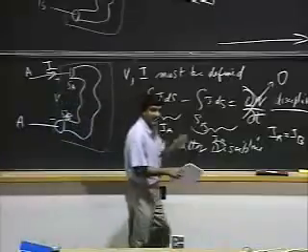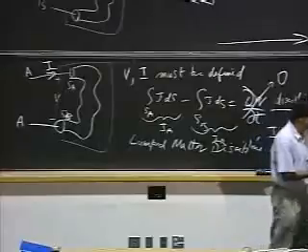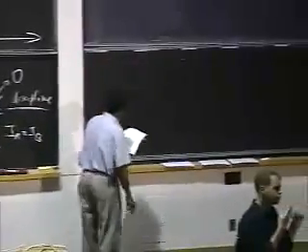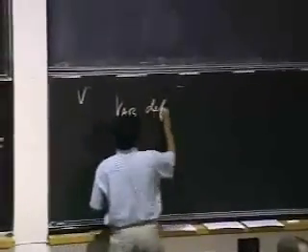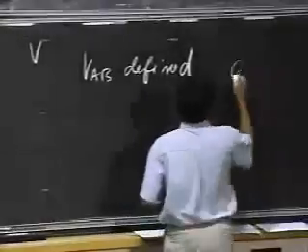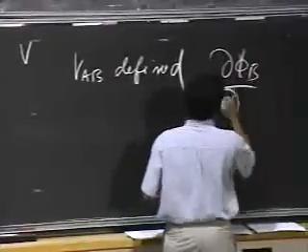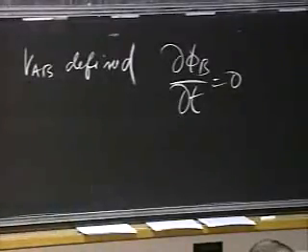We still have to worry about B, and I won't go through that in detail. The course notes has some discussion of that, and so does the textbook. So VAB is defined when del phi B, the rate of change of magnetic flux, is 0.